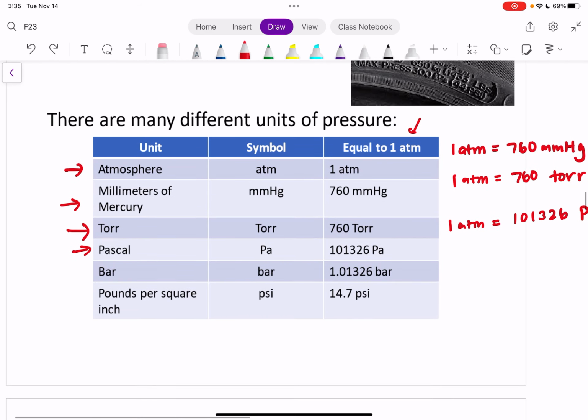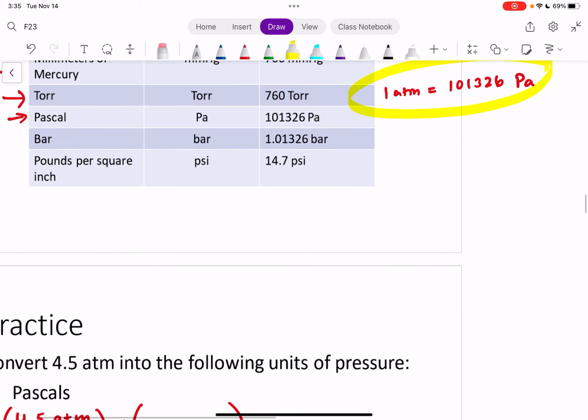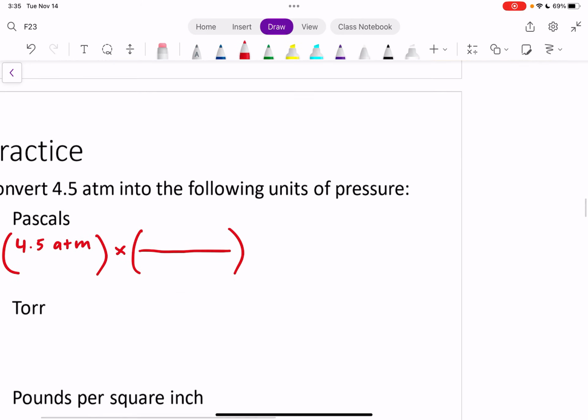And luckily we have one. So it turns out that 1 ATM equals 101,326 pascals.